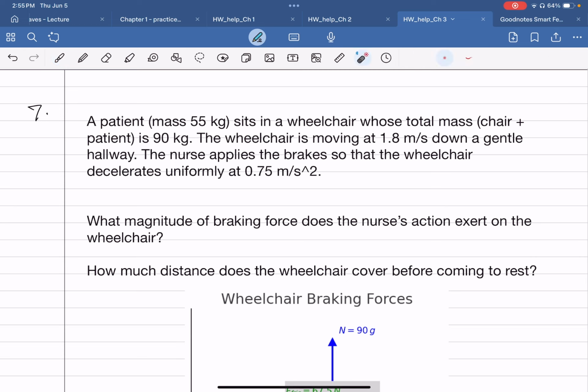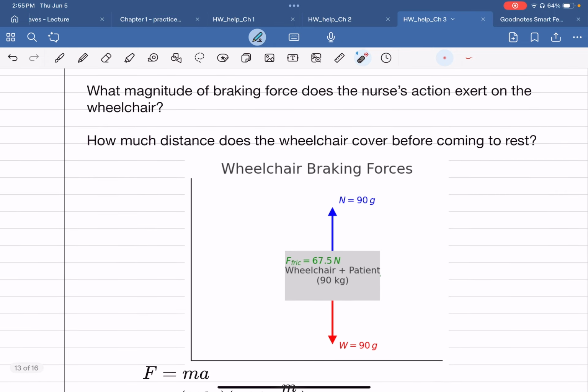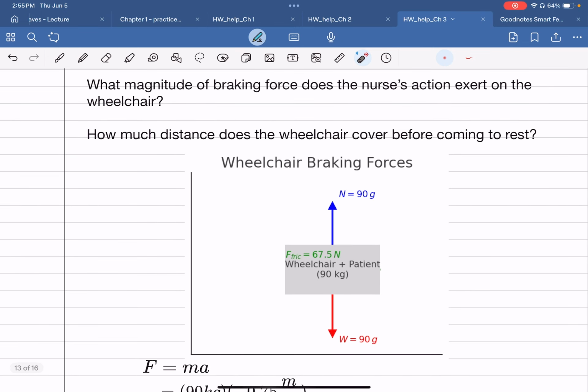So once again, you're looking for force, and we just need the acceleration, and the acceleration is given. Notice that? So you have the mass and the acceleration. But because it's a deceleration, we should take it as negative. So once again, we got used to this free body diagram.